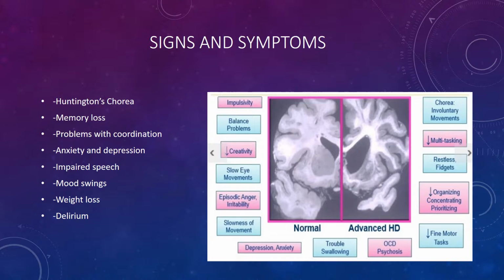But you can get mood swings, delirium, memory loss, confusion, hallucinations, and you can also have impaired speech. And these are just some of the signs and symptoms that you can get with this disease.